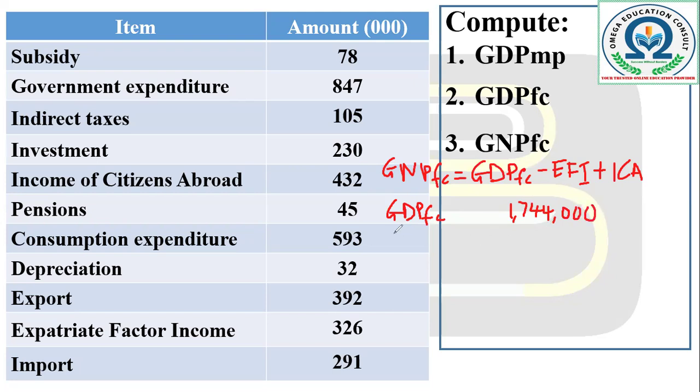Okay. Now, the next item is the expatriate factor income. So let's find the expatriate factor income. Okay, so that is provided over here. So we write in full expatriate factor income or income of foreigners, as it might be indicated. And the figure here is 326,000.